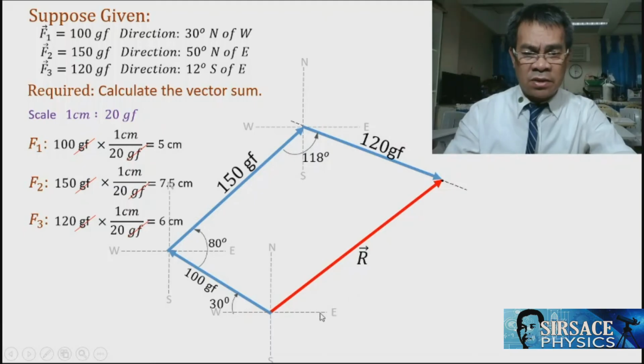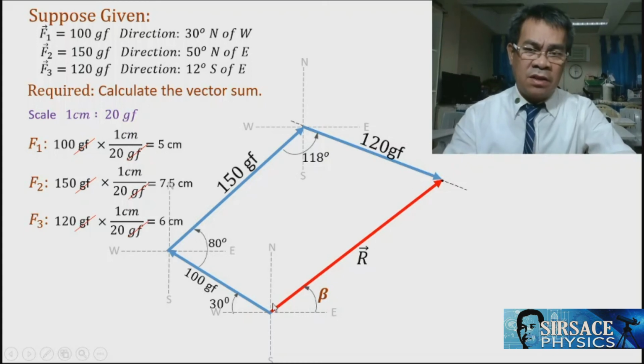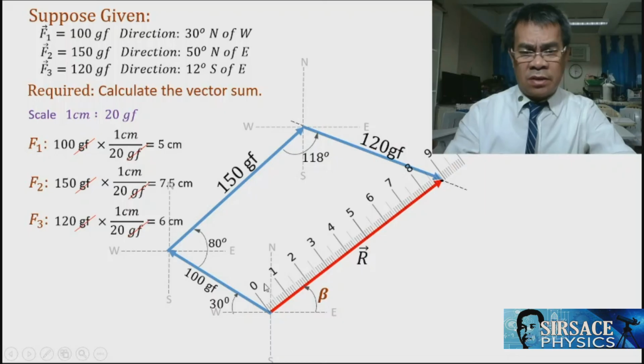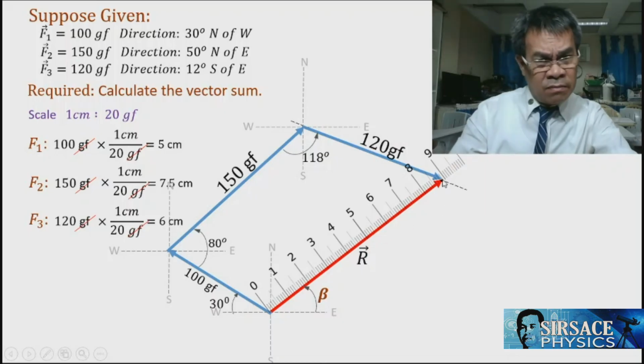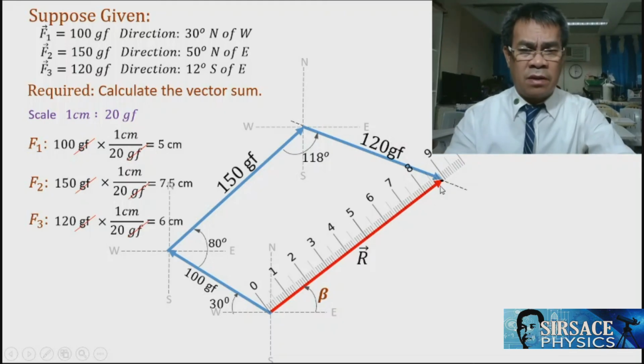Then the angle of the resultant, you can measure here, let us say beta. So again, use the ruler, scale it, then use a protractor for the direction. Ruler, find the distance.